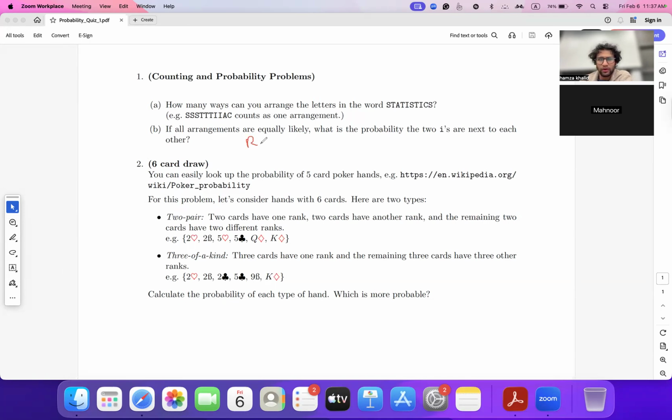One is rank, and the other, I always forget this, so let me just see my notes.